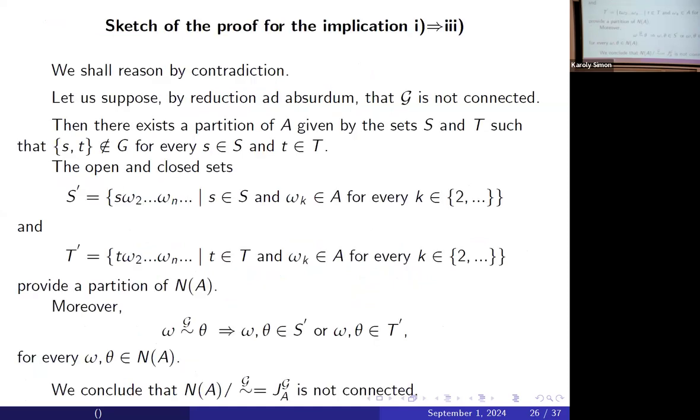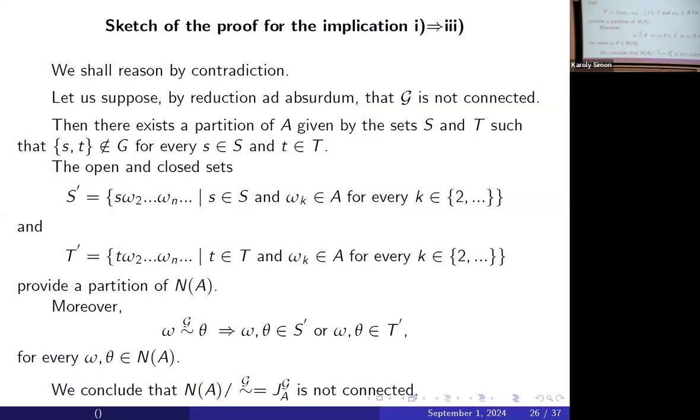For the implication 1 implies 3, it is not a big deal. We can suppose that G is not connected. Then we can find a partition of A given by the sets S and T, such that if I have an element of S and one in T, the set consisting of those two elements is not in G. And then we will produce two open and closed subsets of N of A, S prime and T prime.